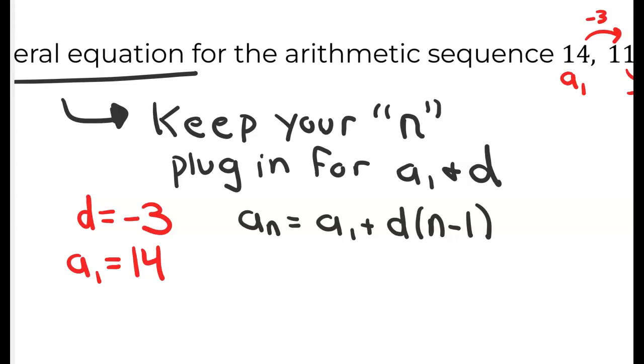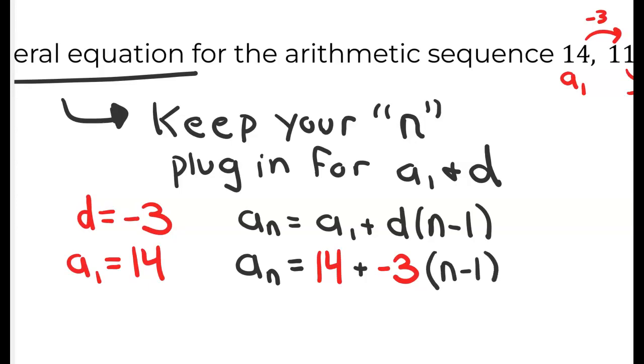So this A of n is staying in here, replacing the A of 1 with 14. We're replacing our D with the -3. And then we're keeping in the n minus 1 as well. So again, we're keeping all of our n's in there. This is what you would call the general equation.